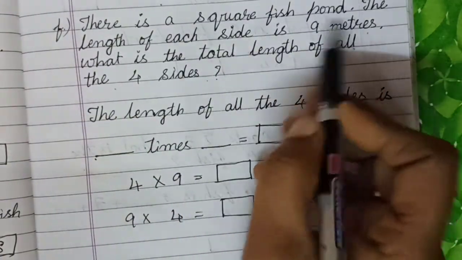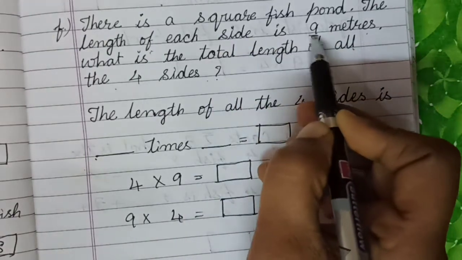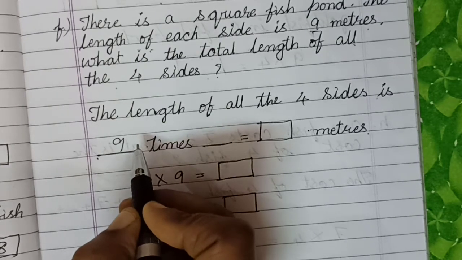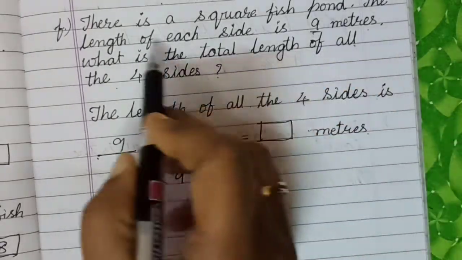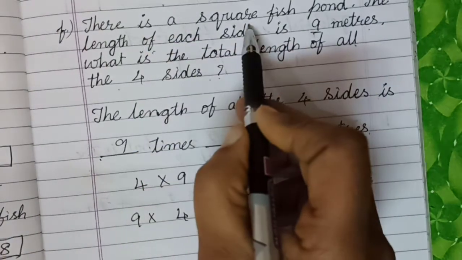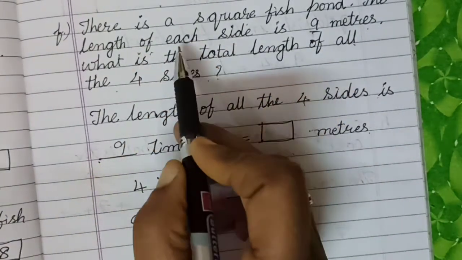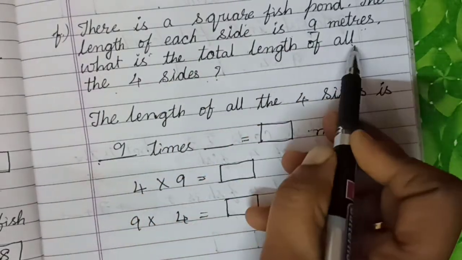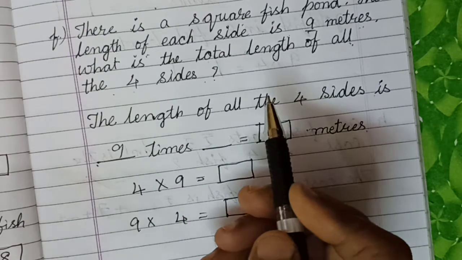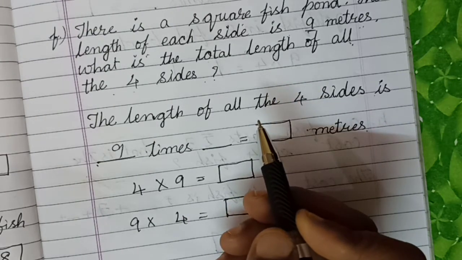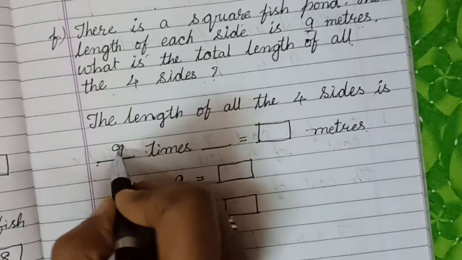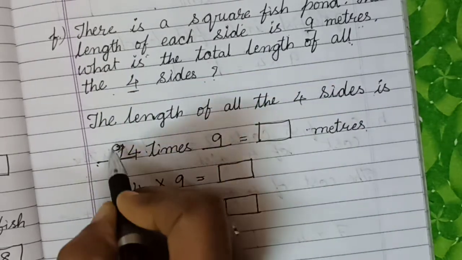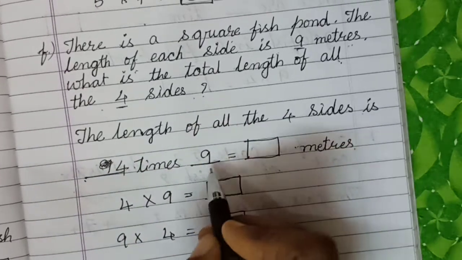Here, the length of the pond side is 9 meters. 9 times, there is a square fish pond. The length of each side is 9 meters. The total length of all 4 sides. Here you should find out 4 times 9. 4 times 9, 9 meters.